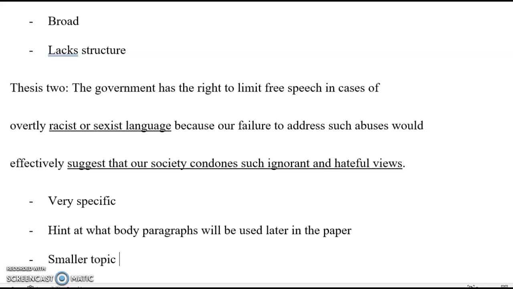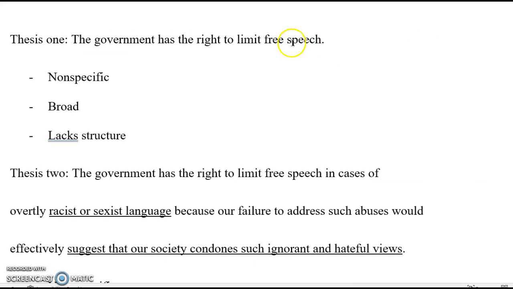What do I mean by that? Well, when you look at the first thesis, it has a very broad statement saying the government has the right to limit free speech. Well, what are we talking about when it says limit free speech?